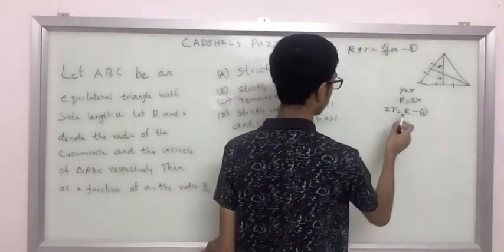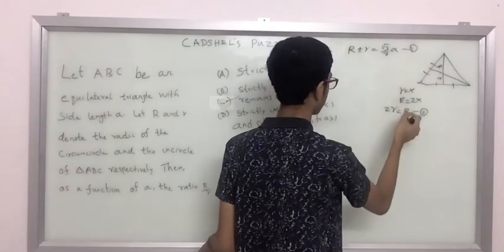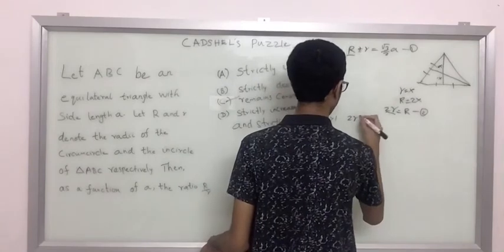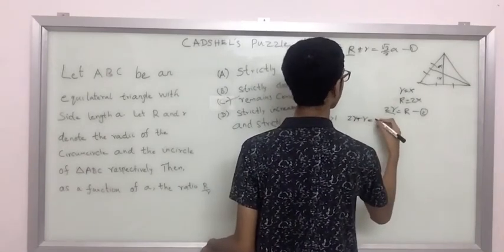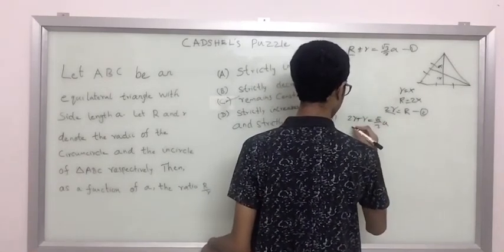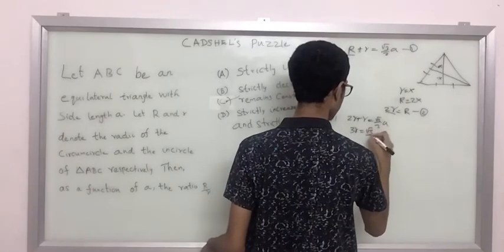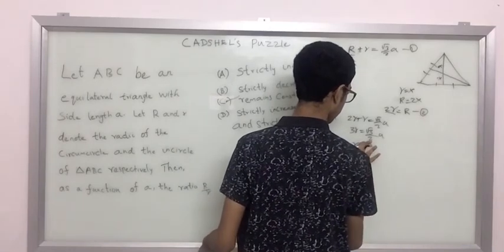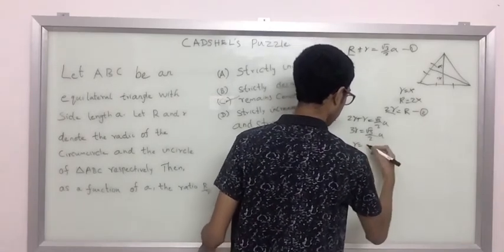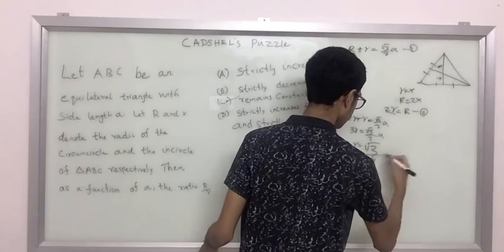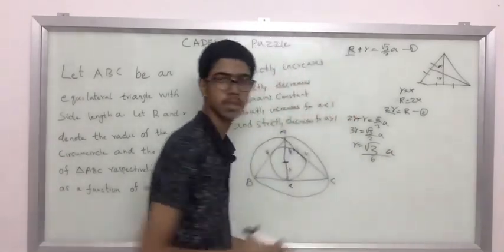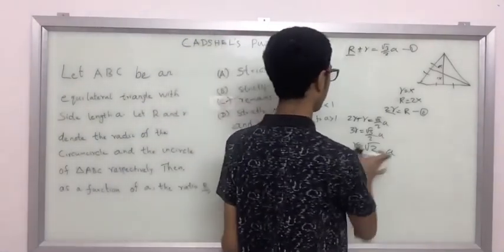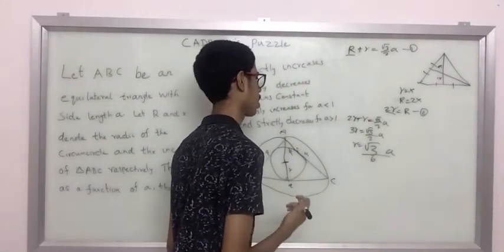Now since R is equal to 2r, for capital R I can substitute 2r. So I'll get 2r plus r is equal to root 3 by 2 a. So 3r is equal to root 3 by 2 a. So r is equal to root 3 by 6 a.